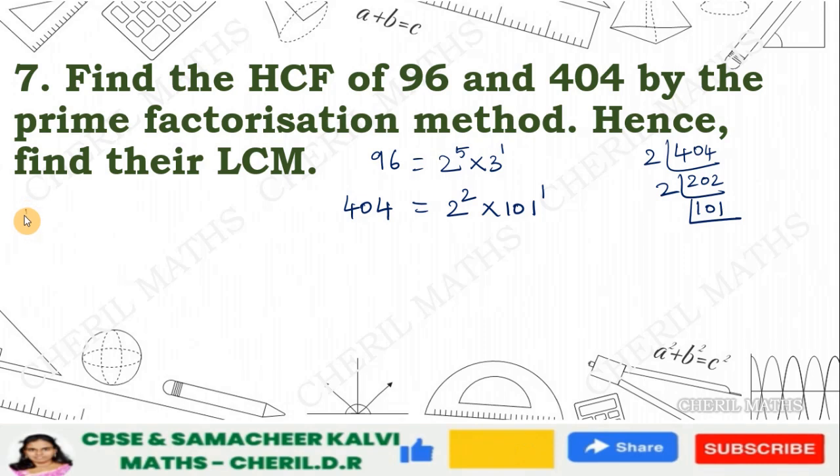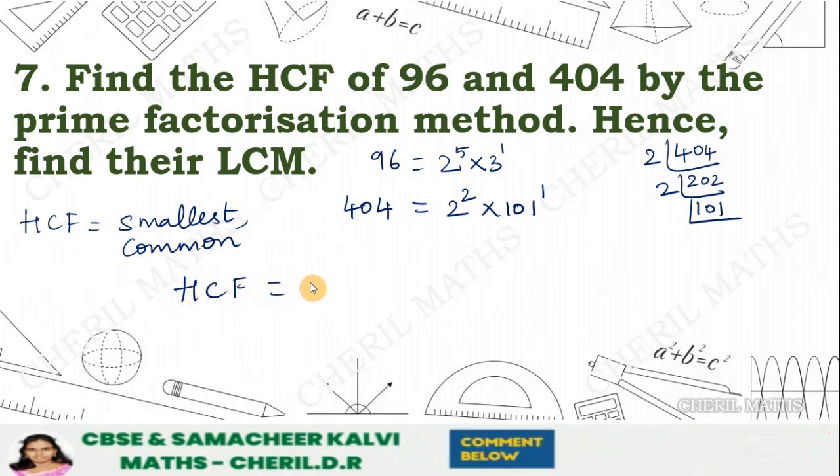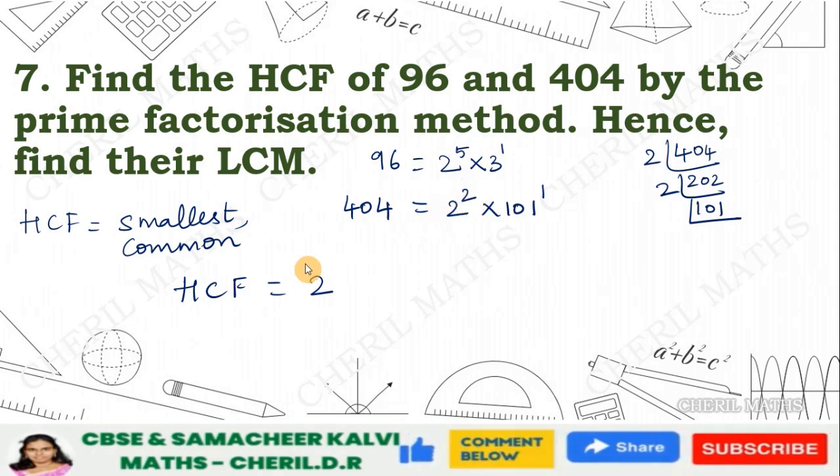For HCF, we take the smallest power and the common factors alone. So what is the HCF? The only common factor is 2, and the smallest power is 2, so 2 power 2 is 4.